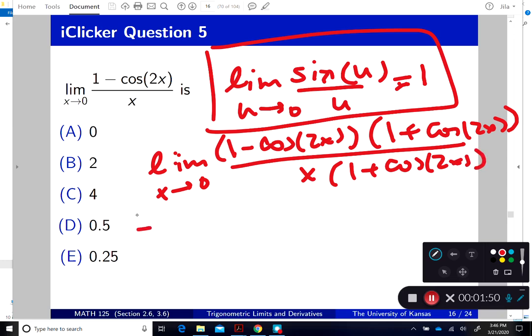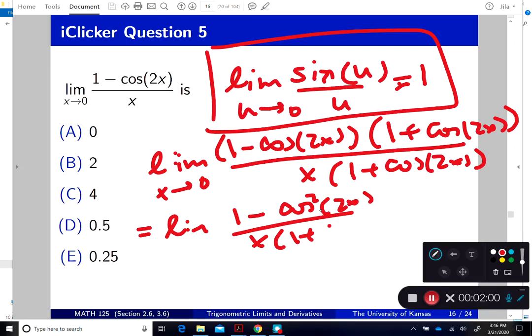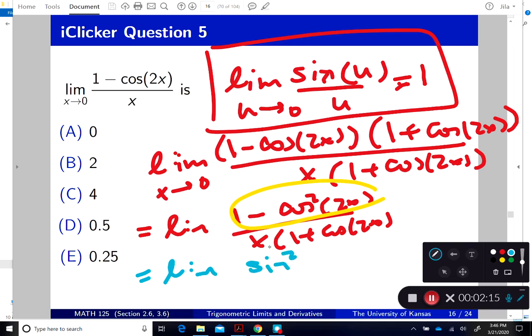Now the top becomes, under the conjugate, 1 minus cosine squared of 2x, over x times 1 plus cosine of 2x. By the Pythagorean identity, this is equal to sine squared of 2x over x times 1 plus cosine of 2x.